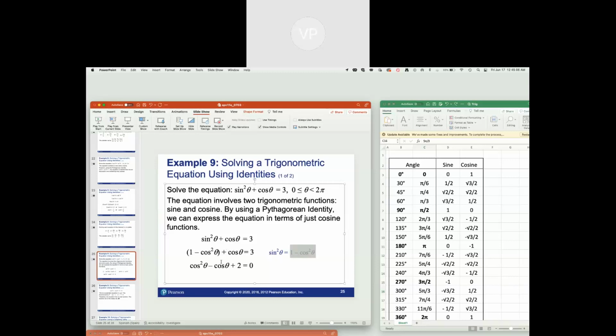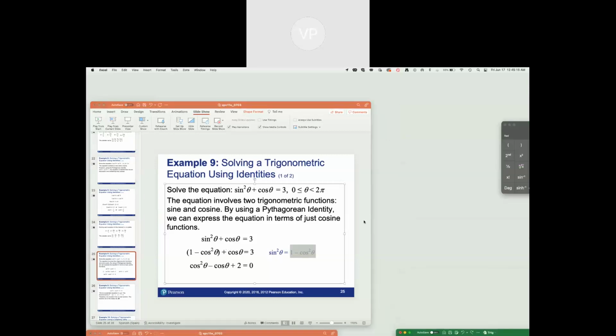And then what happens is we get a cosine square. Sorry, the step that's not here was, I'll show you. Okay, so from this line right here, we have 1 minus cosine square theta plus cosine theta equals 3.